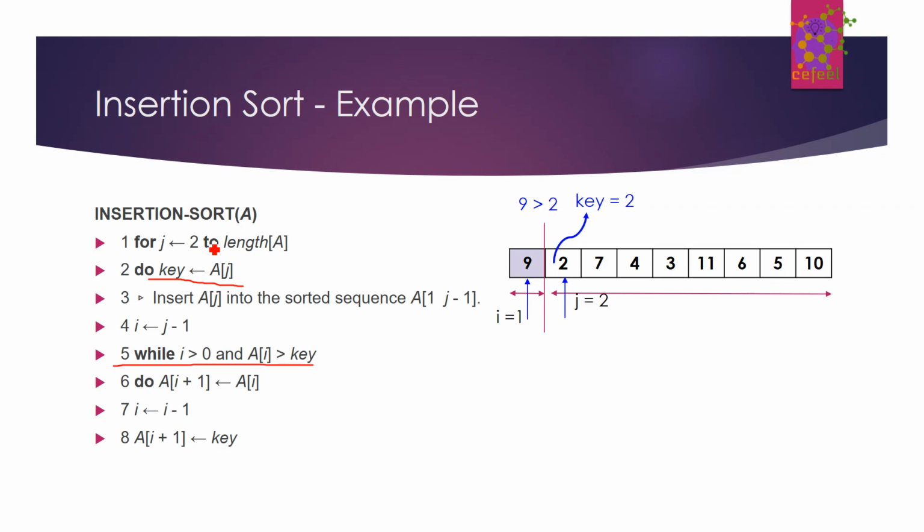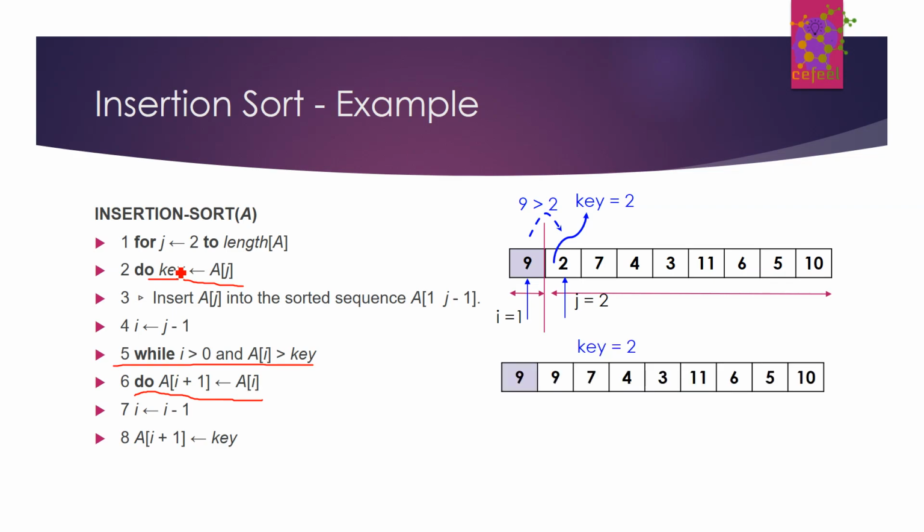Hence we go inside the loop, which means we go to step 6, which is A[i+1] equals A[i]. So we move item A[1], which is 9, to A[2], which was 2. We basically push item 9 forward and replace 2 with 9, so we just copy the item 9.